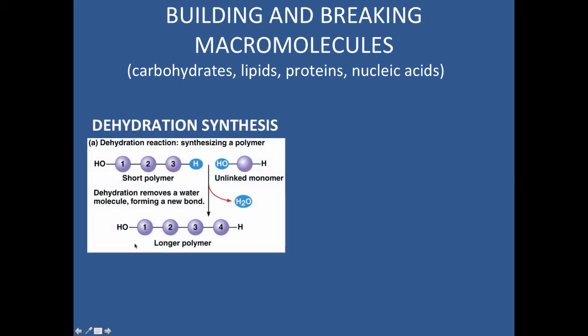The first word that describes how these molecules are made is dehydration synthesis. Dehydration. That means we're losing water from somewhere. Lose H2O. And synthesis. That means we're making something.